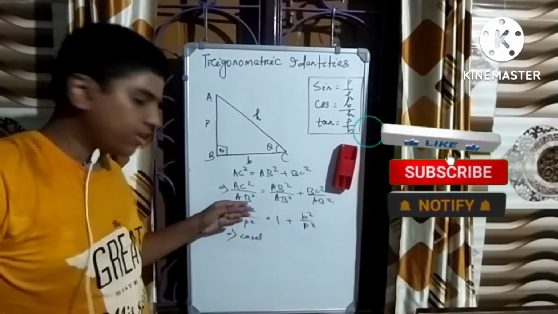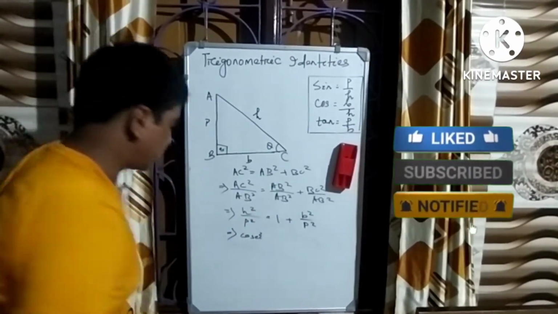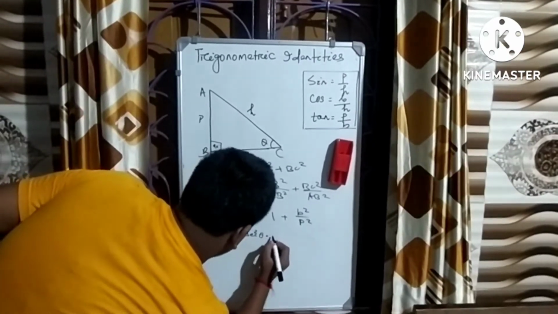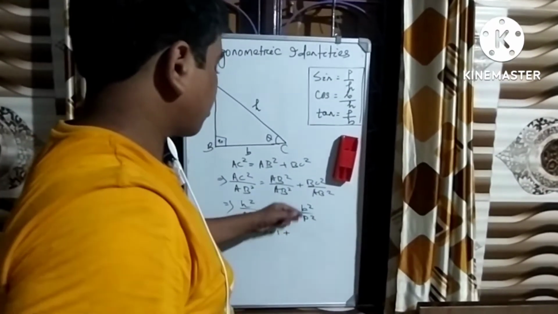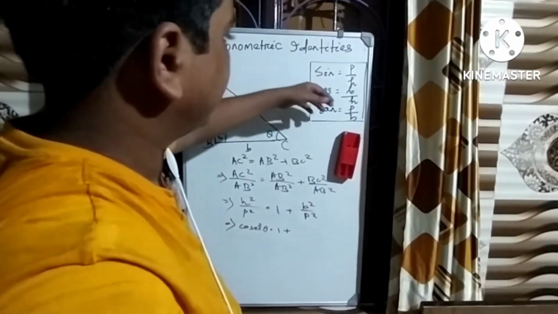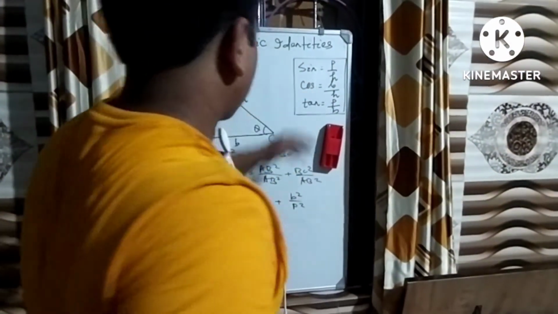The power is 2, so here cosec square theta is equal to 1 plus B square by P square, that is the ratio of cot theta.